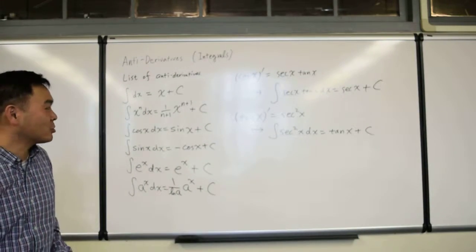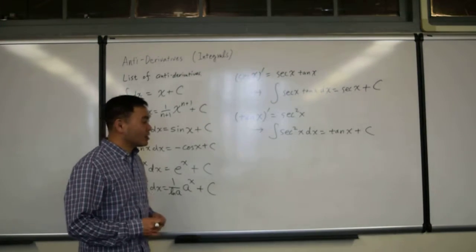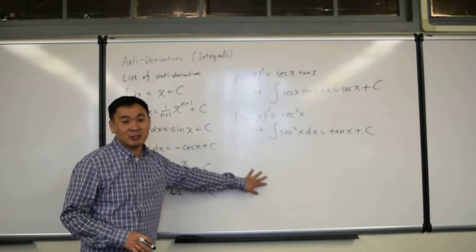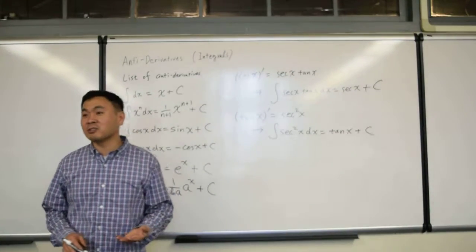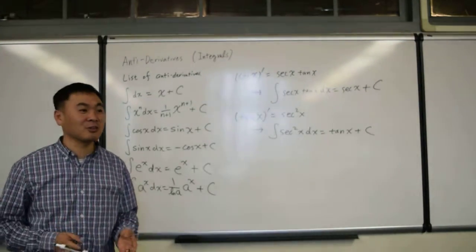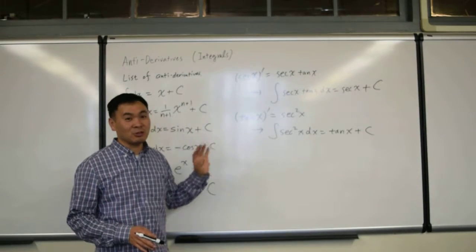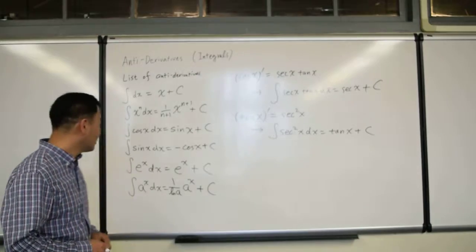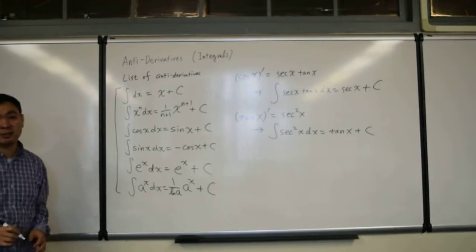That requires something called u substitution, which we will not cover in this class. So there are several lists that are missing. We don't know the integral of tangent of x. Integrating log of x will require something called integration by parts, another new thing that you have to learn in Calc 2. So those are things that you won't get to see. However, these are the lists that you have to be comfortable with for this class.